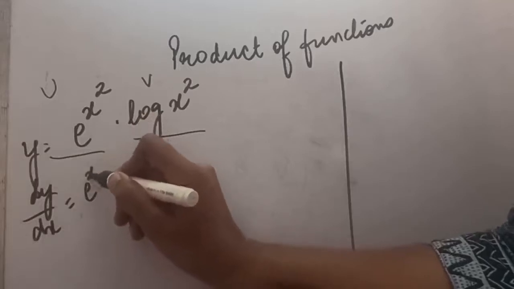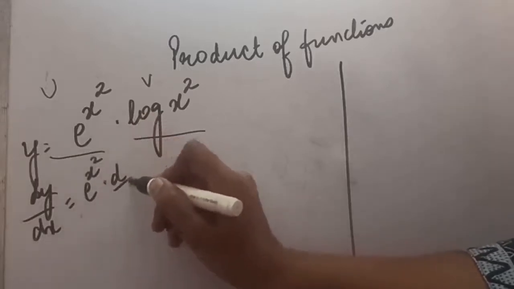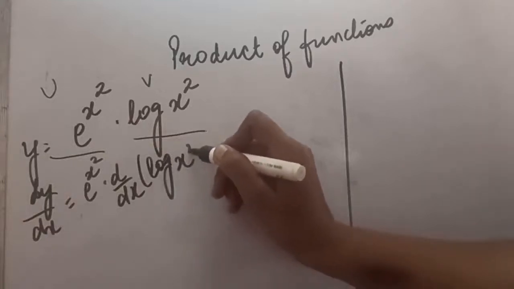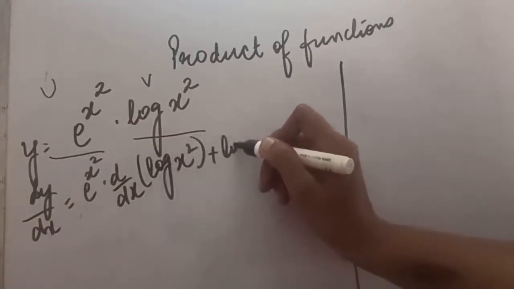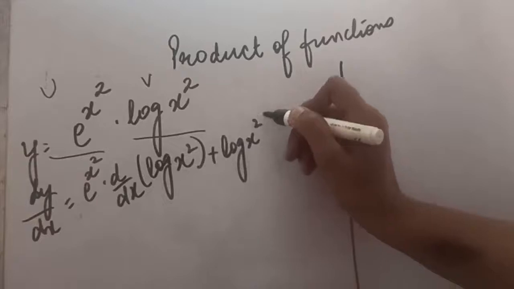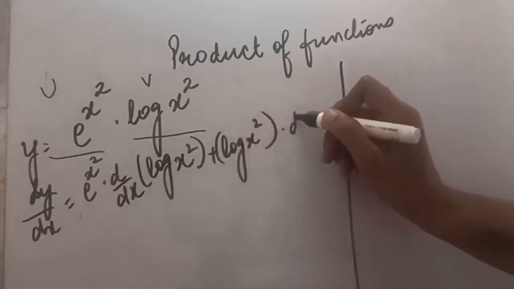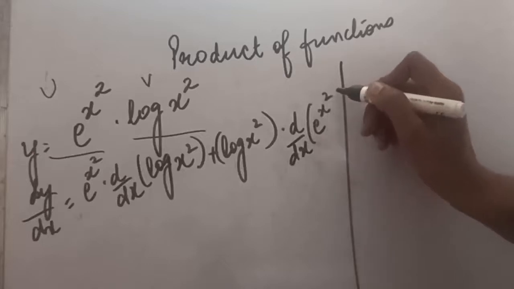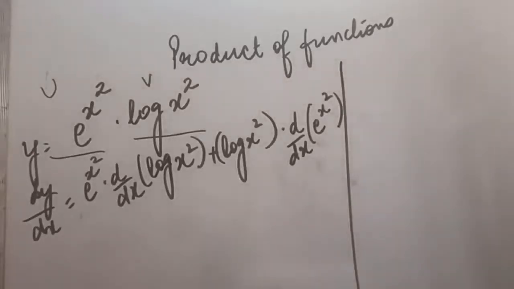u, that is e^(x²), into the derivative of log x², plus log x² into the derivative of e^(x²). So the product rule is applied.